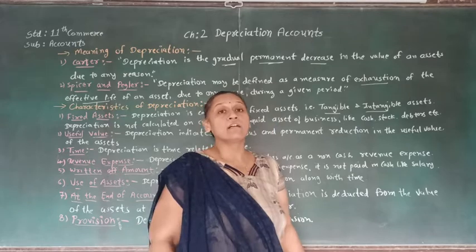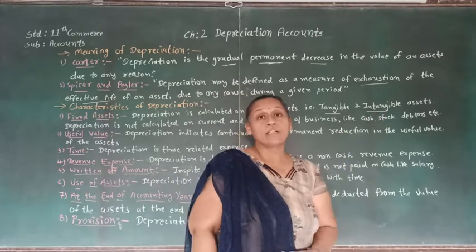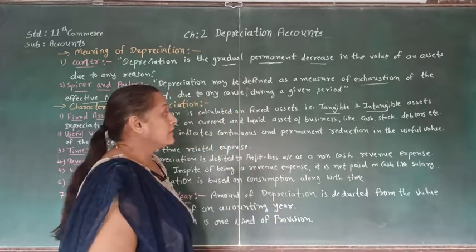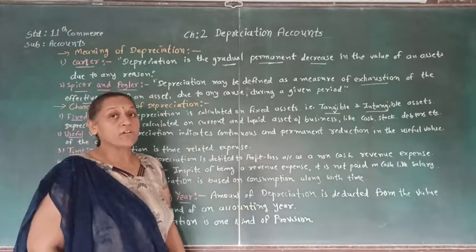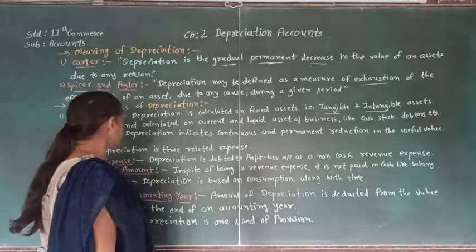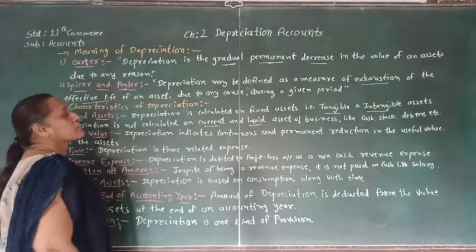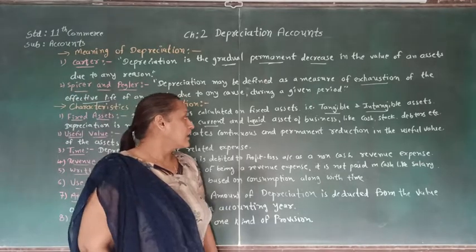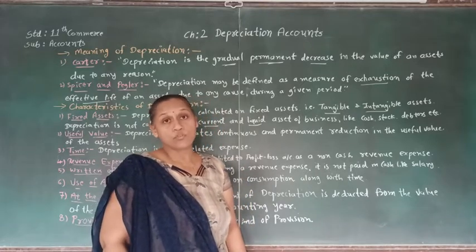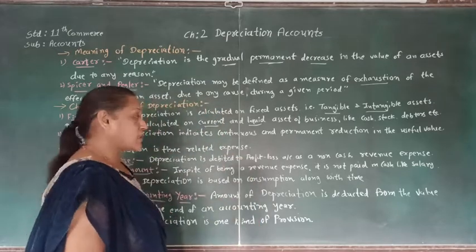Tangible assets are like furniture, computer, vehicle, building, etc. Intangible assets are patent, trademark, copyright, goodwill, etc. Depreciation is calculated on both tangible and intangible fixed assets, but not on current and liquid assets of the business like cash, stock, debtors, etc. We calculate depreciation on fixed assets only. That is the very first characteristic.